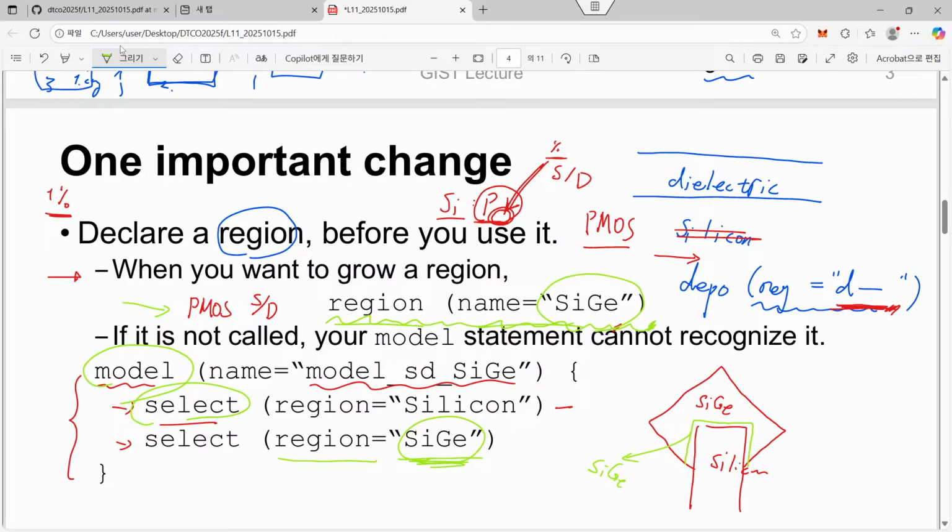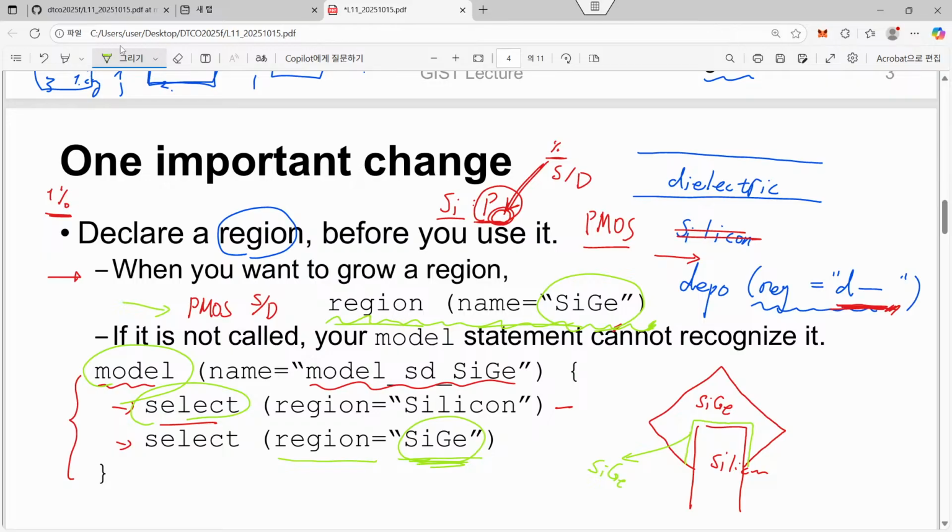Then maybe you can ask me this question: should we call this region declaration just in front of the model specification? Why don't you just call this region specification at the very initial point of our Craft code? Yes, it is also acceptable.